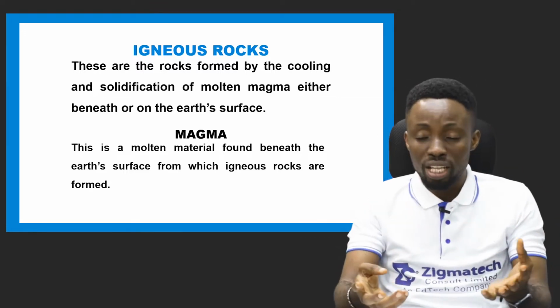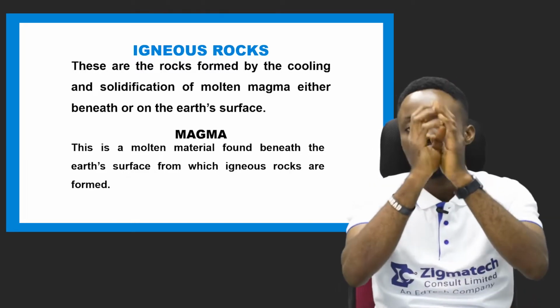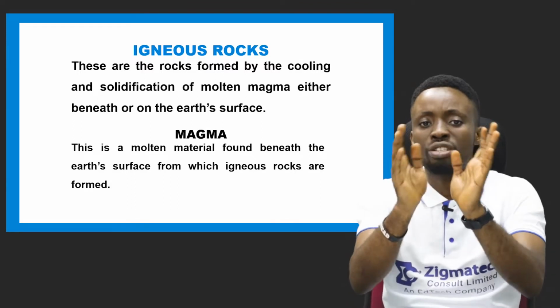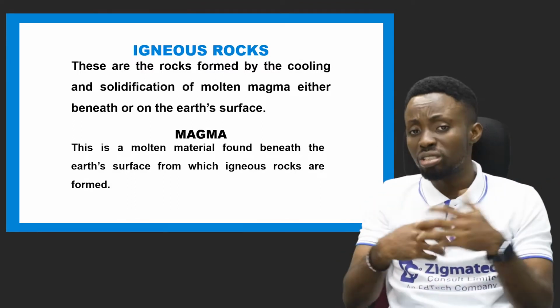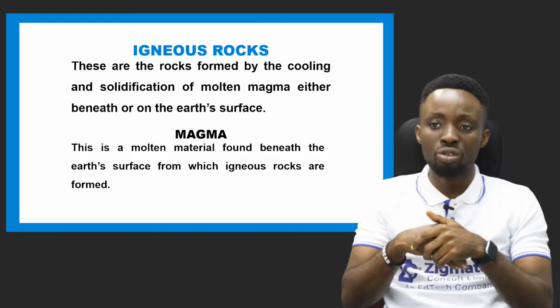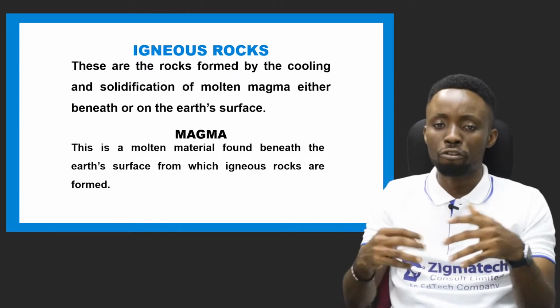So when molten lava or magma goes through the magma chamber, down to the surface of the earth and it solidifies there, whatsoever is formed there is an igneous what? Igneous rock. So a molten magma is actually what? A material that is found beneath the earth's surface, from which igneous rocks are formed.